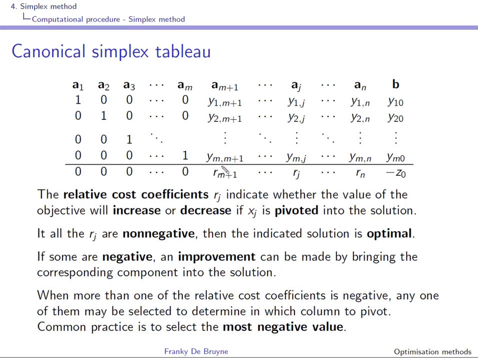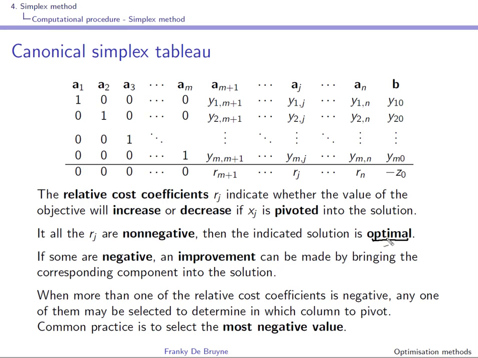When all those relative cost coefficients, the ones associated to non-basic variables, are non-negative, then the solution is optimal, because there is no non-basic variable that you can bring in the base while at the same time decreasing the cost. If you bring a non-basic variable in the base, the cost will increase.